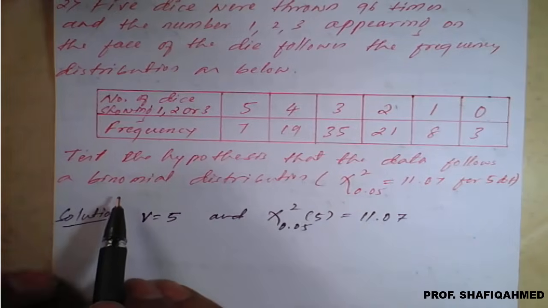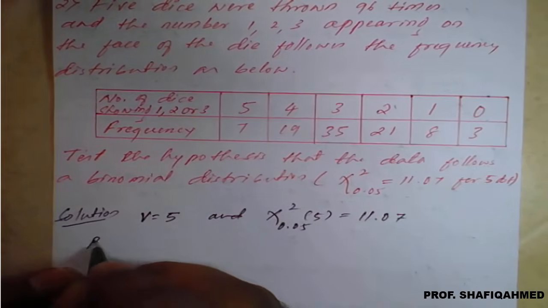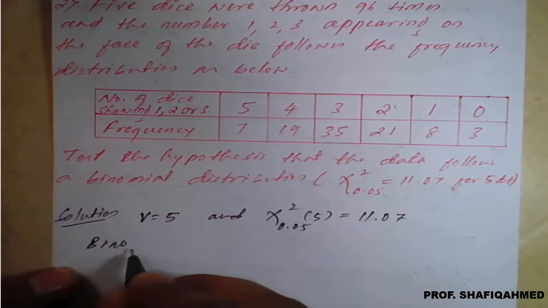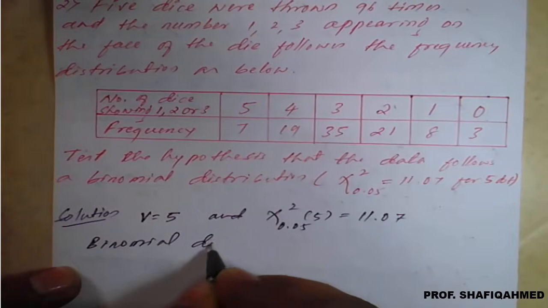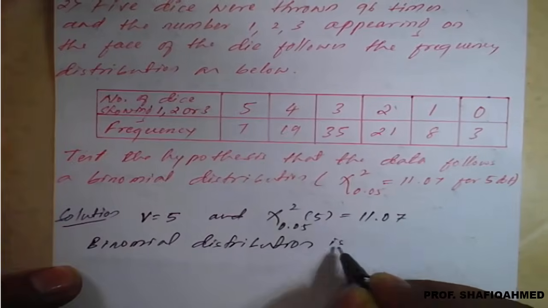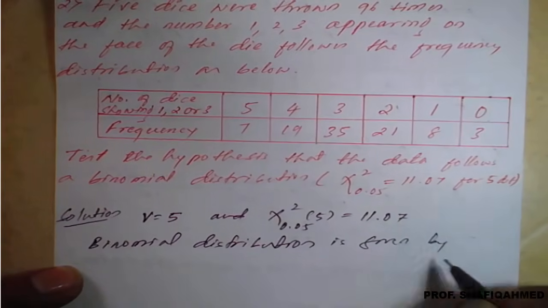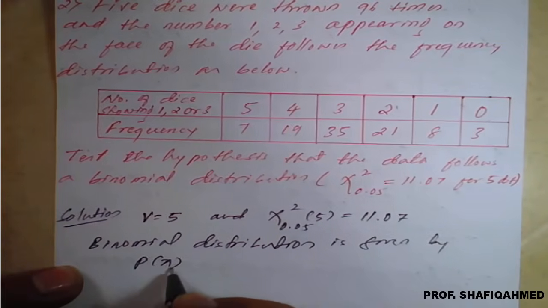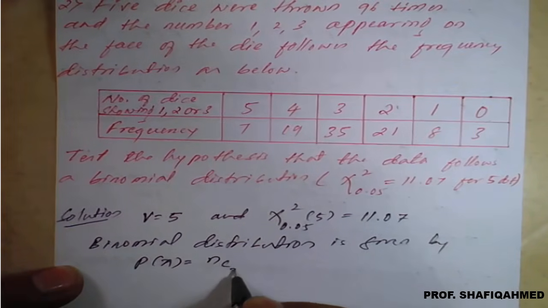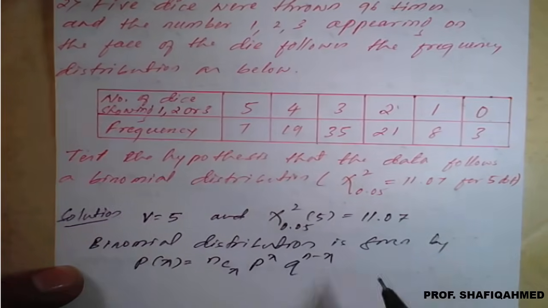Now we are going to use the binomial distribution. So we know that the binomial distribution is given by P of x is equal to nCx p raised to x, q raised to n minus x.